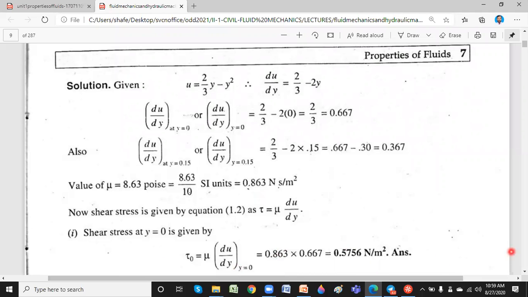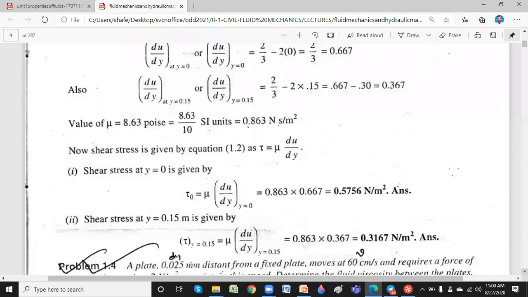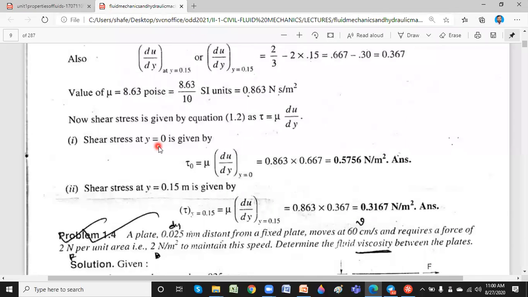Now finally we come to the solution, how to find the shear stress. Shear stress when y equal to 0: tau equal to mu du by dy. So du by dy is 0.667 into 0.863, so it's 0.5756 newtons per meter square.